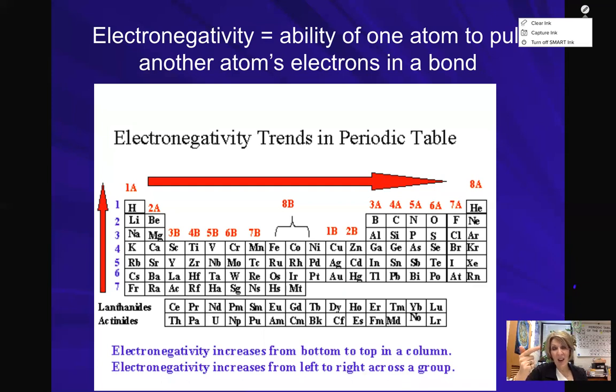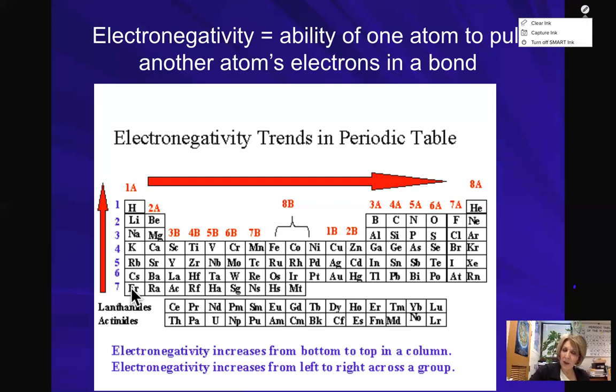It has a very high ionization energy. And fluorine is the most electronegative atom on the periodic table. If you get anywhere near fluorine, fluorine is going to pull and pull on your electrons with a very strong electronegativity. And in most cases, it's going to be strong enough to rip an electron off of you. So you better hold on to your electrons when you're around fluorine.